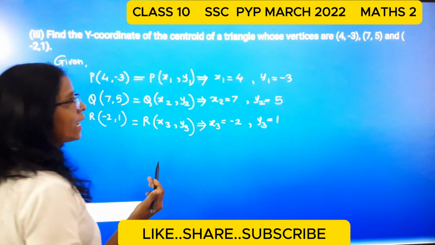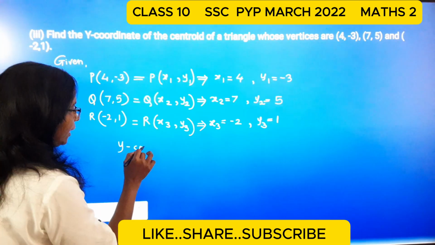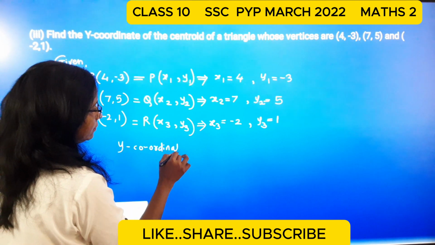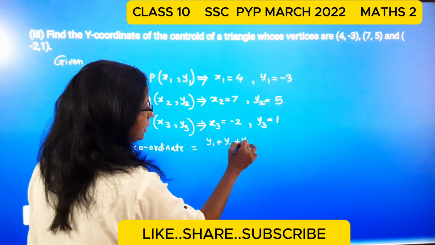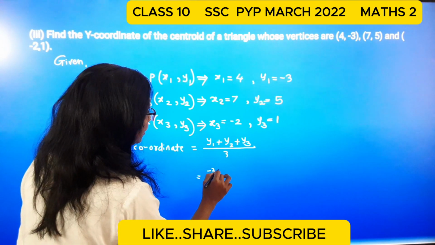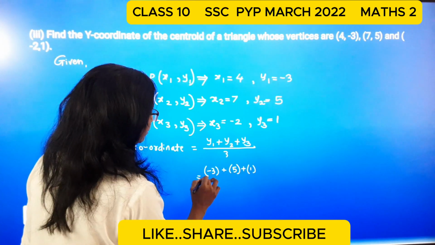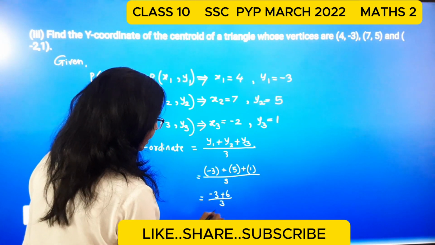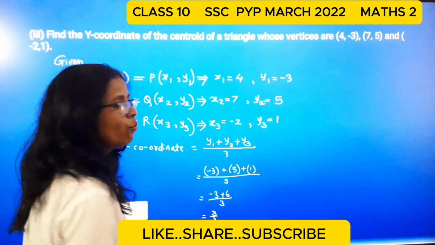Okay, and here we directly find out the y coordinate. So here we write y coordinate is equal to y1 plus y2 plus y3 upon 3, which is equal to minus 3 plus 5 plus 1 upon 3. So that means minus 3 plus 6 upon 3, and that means 3 upon 3, which is equal to 1.